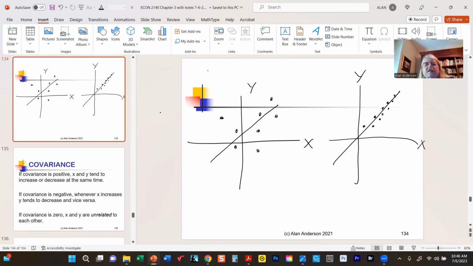So we could think of this as a weak but positive relationship. On the right, we could think of this as a strong positive relationship.